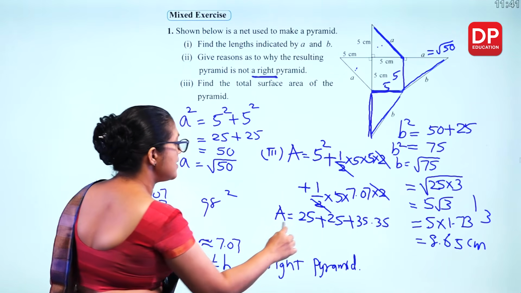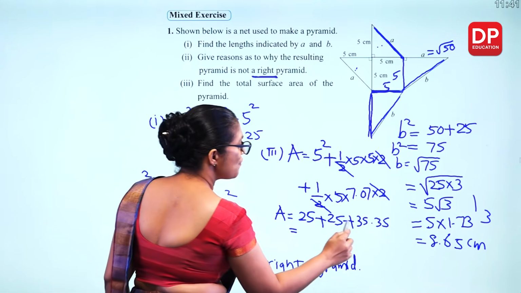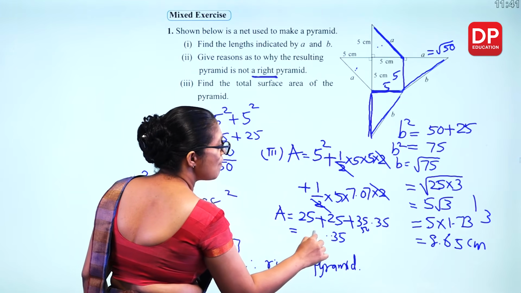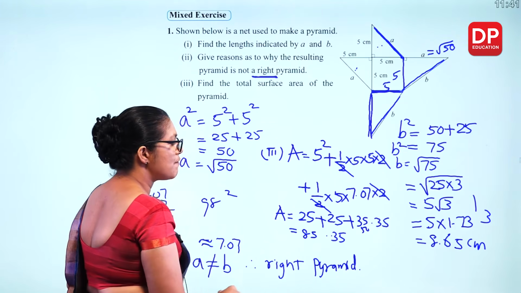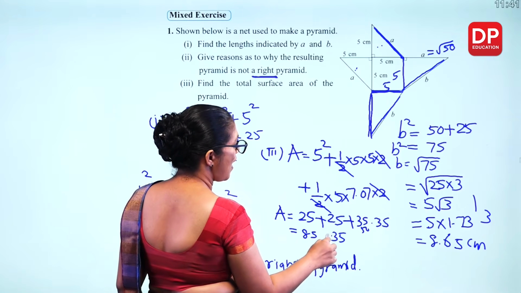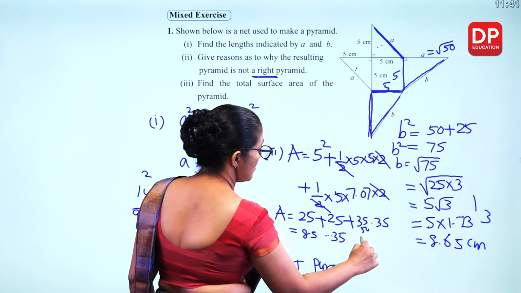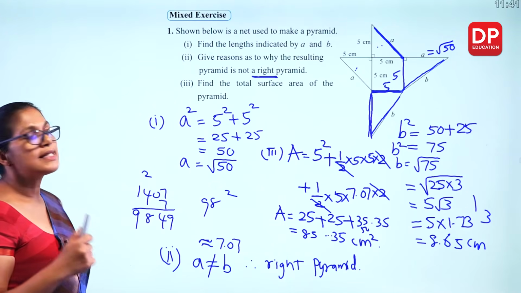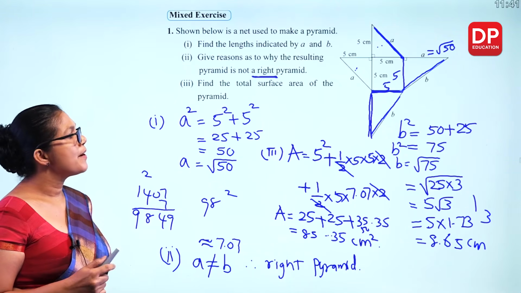Then when you add these together, this is 50, 50 and this you get 3, 5 here, 5 and 8. 85.35 square centimeters for the total surface area of the pyramid.